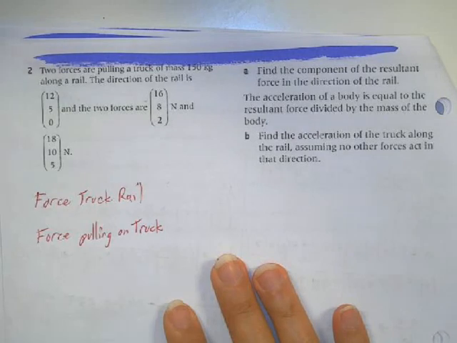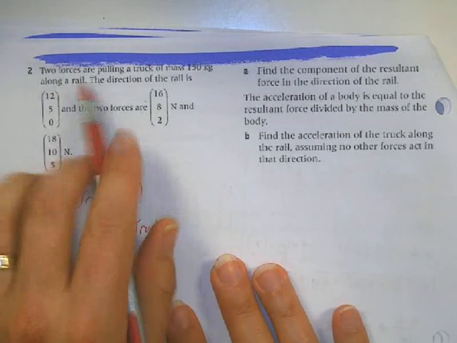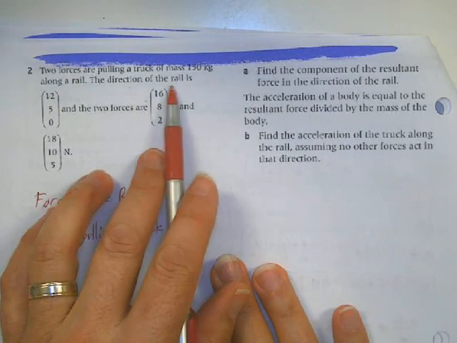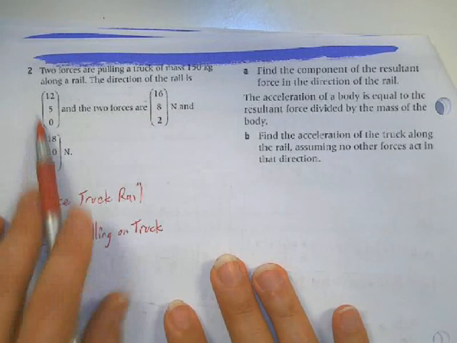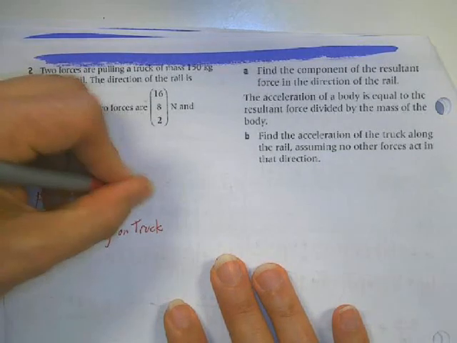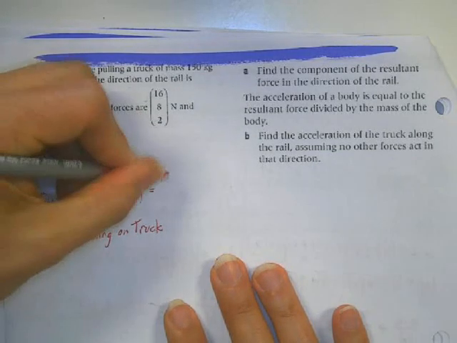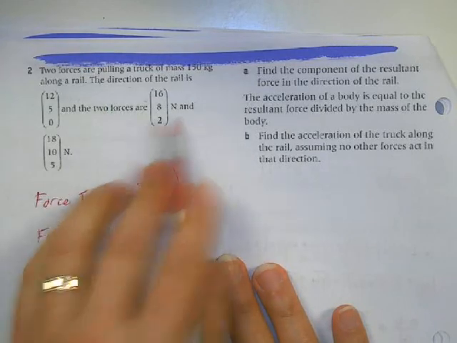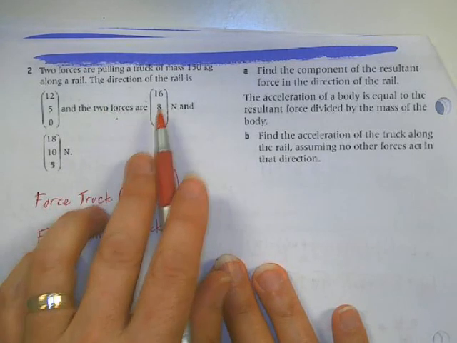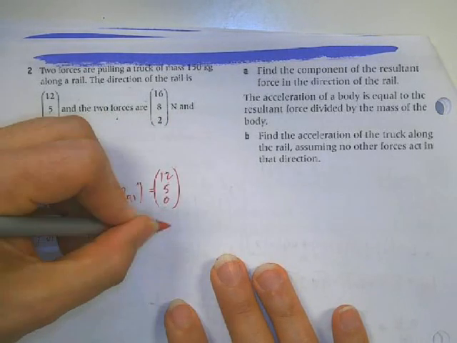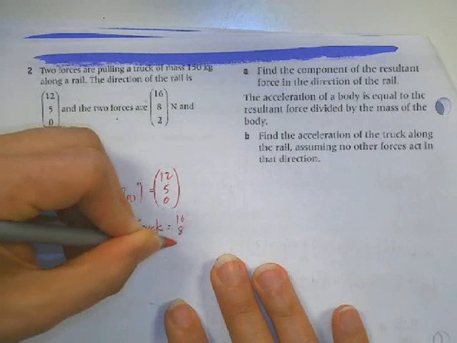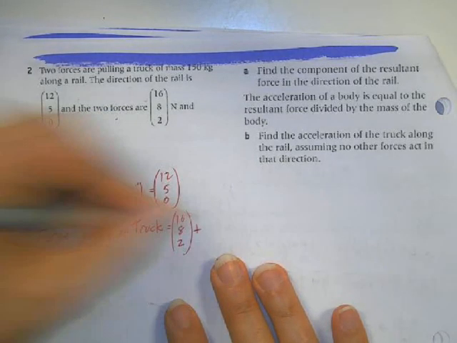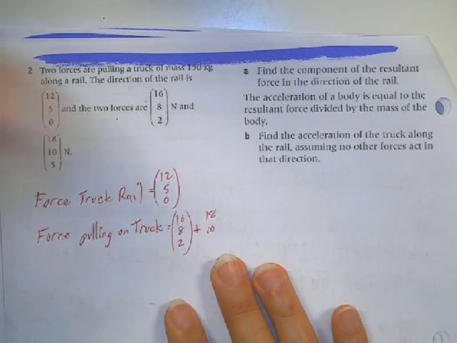Okay, those are the two forces. Two forces are pulling on the truck along the rail. The direction of the rail is this. So my rail force is 12, 5, and 0. The two forces that are pulling on the truck are 16, 8, and 2, and the other one is 18, 10, and 5.